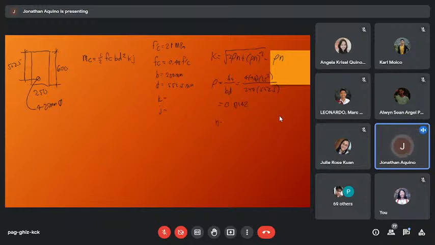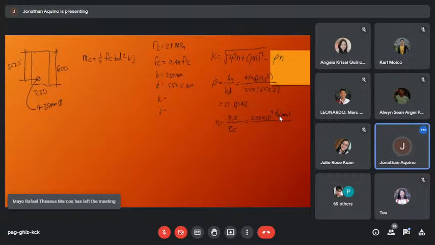So n is simply the modular ratio, the ratio of the modulus of elasticity of steel divided by the modulus of elasticity of concrete. The modulus of elasticity of steel is constant at 200 gigapascal, or 200 times 10 to the 3 Newton per millimeter squared, divided by EC.